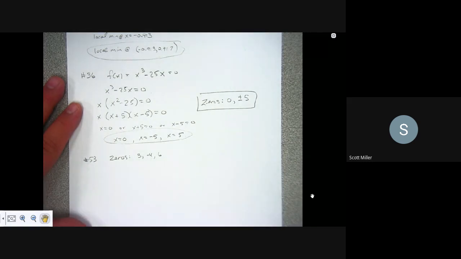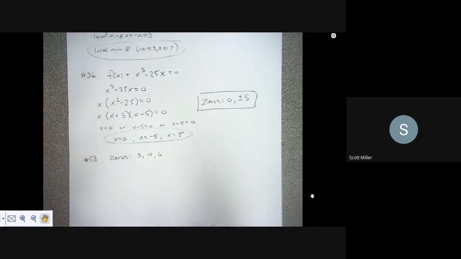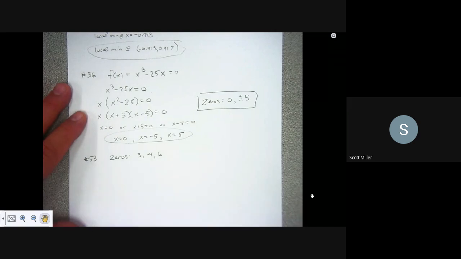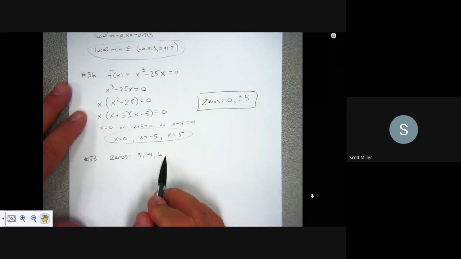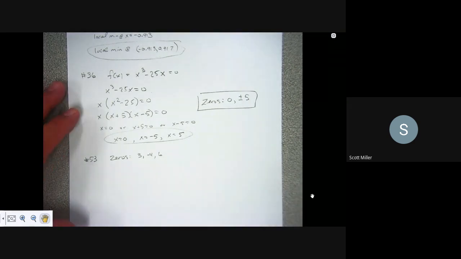Because they told me it's a cubic function already, I don't have to do anything special. Later on, we'll learn how to do it a different way, a more intense way. Because I know there's only going to be 3 zeros for a cubic, remember cubic means x to the 3, and we can have no more than that many zeros.